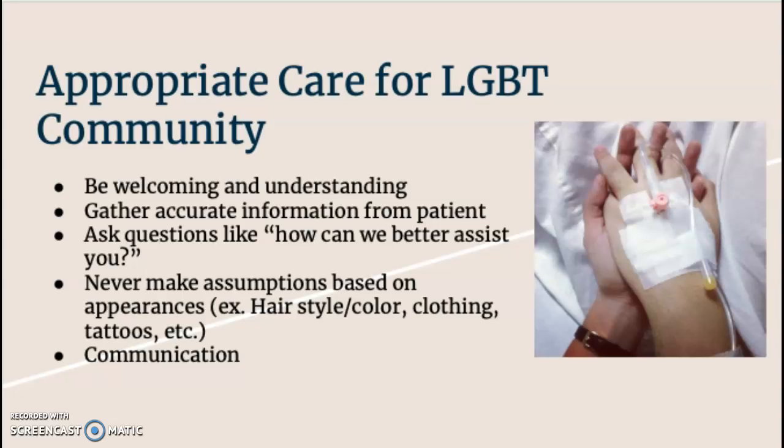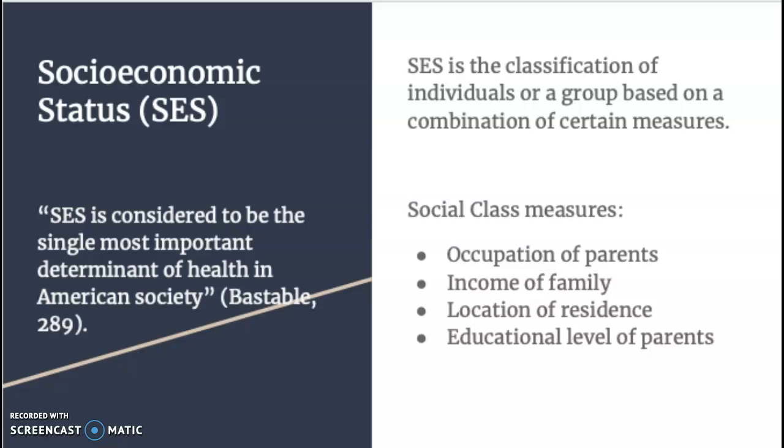Okay, moving into the second diverse group we're going to talk about, socioeconomic status. This has a lot to do with the classification of individuals about certain measures, certain things that they have or they don't have. So a lot that is looked at within this group is their parents' income, their wealth status, how they exhibit their wealth, education, occupation, where they live.